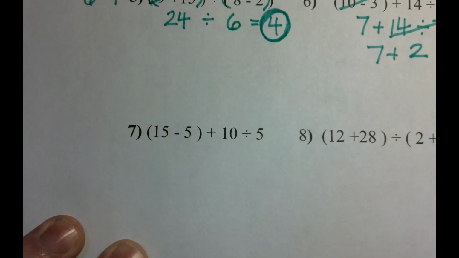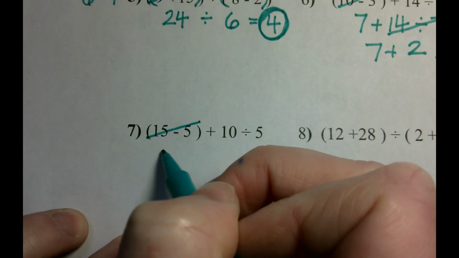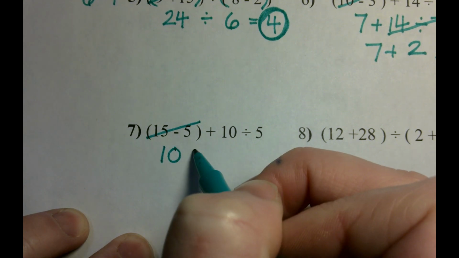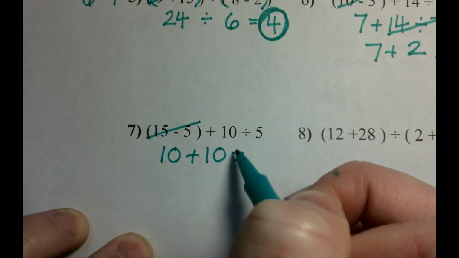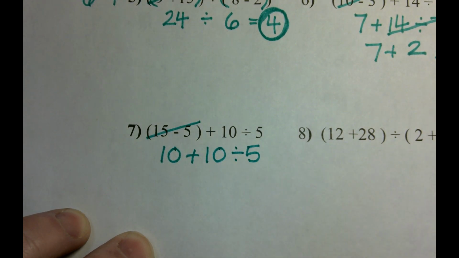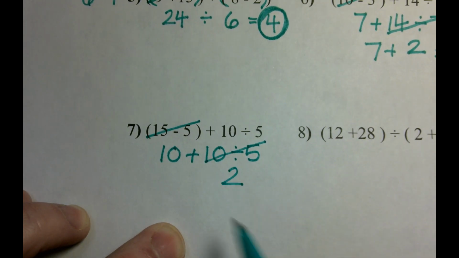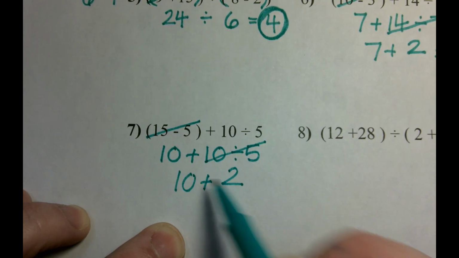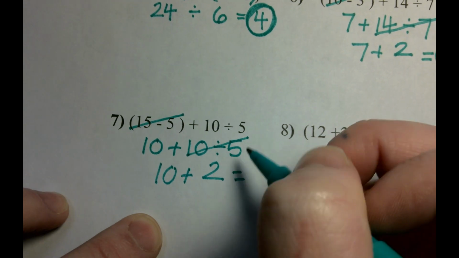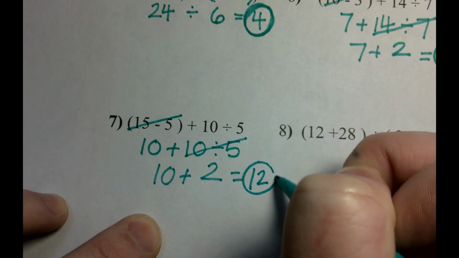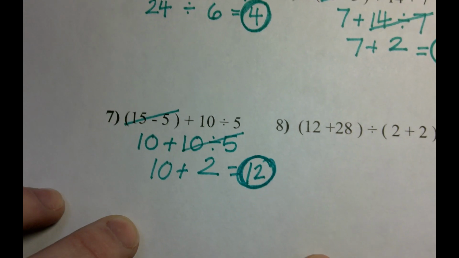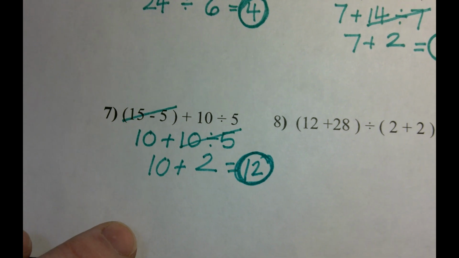What's first? Parentheses. 10 plus 10, divided by 5. Then we go, 10 divided by 5 is 2. Bring down 10 plus 2 is 12. Good. Everybody get that one? Awesome.